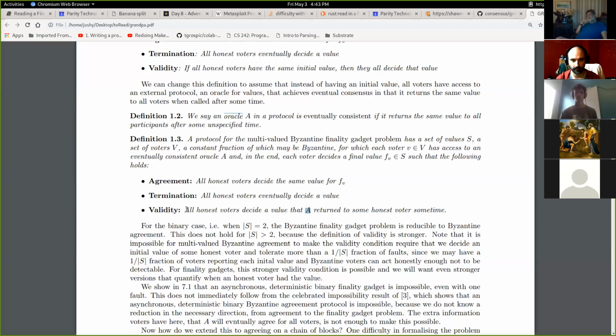Yeah, I think that's a good question. I guess you know how many voters, right? You get from the Oracle the number of voters for this value, or I don't think the Oracle tells you that. So remember the voters V, this is the setup for GRANDPA, right? These voters are just like in CBC Casper, you know your whole set of validators, your whole set of players in the game.